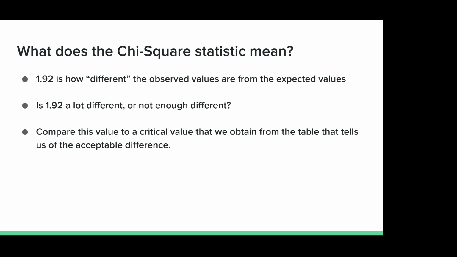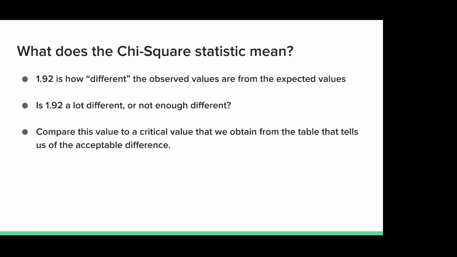The obvious question is, 1.92 tells us how different the observed values are from the expected values. So there is a difference of 1.92. But is 1.92 a lot different or not enough different? Is it sufficiently different that we'd say, okay, something else is going on in our observed data compared to the expected data? Or is it not enough different?